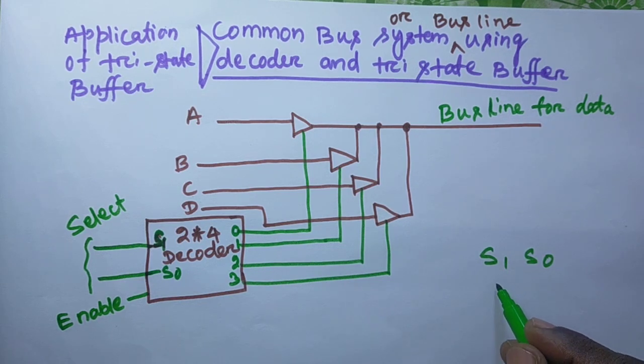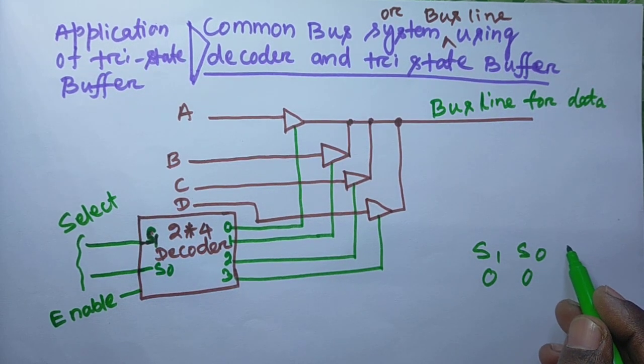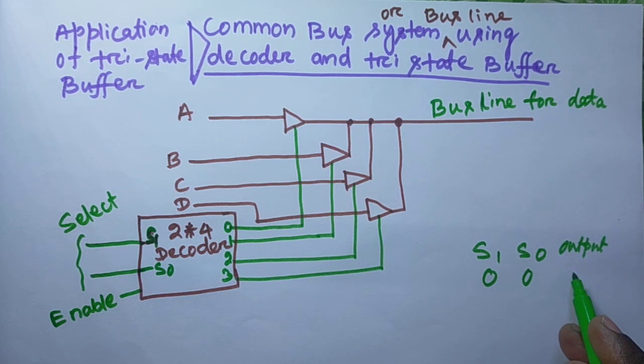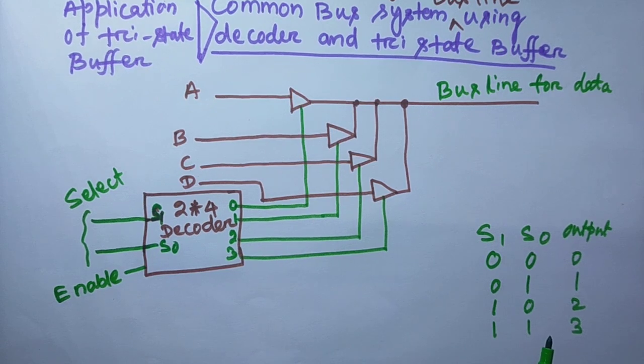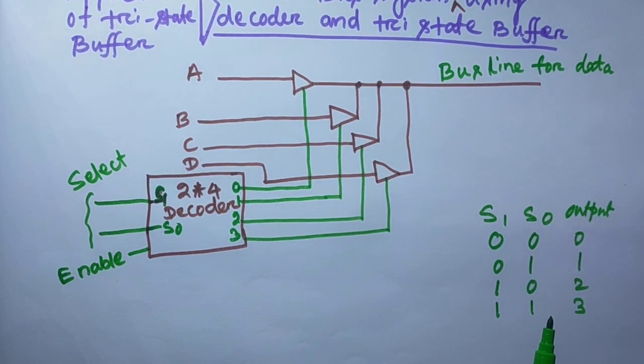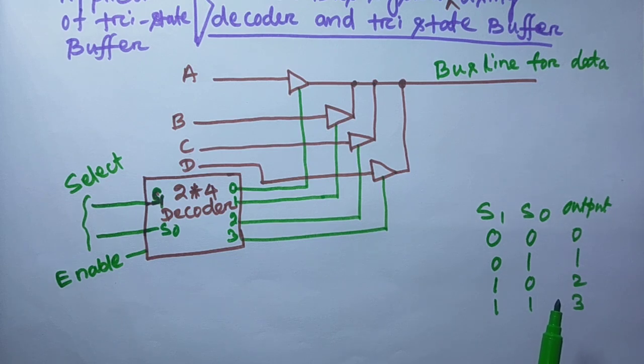Okay, suppose here it is 0, 0. Okay, 0, 0 means the output from this decoder can be considered as 0. Normally, if it's 0, 1, it is 1, 1, 0, it is 2, 1, 1, it will be 3. This concept we have already discussed in previous lectures. Okay, this is the basic concept.